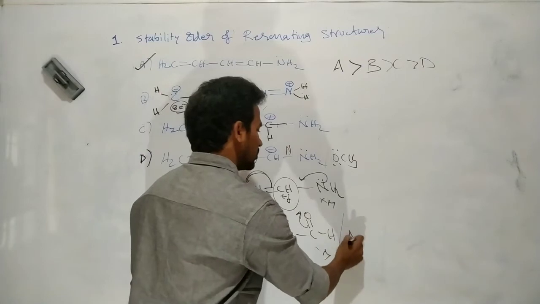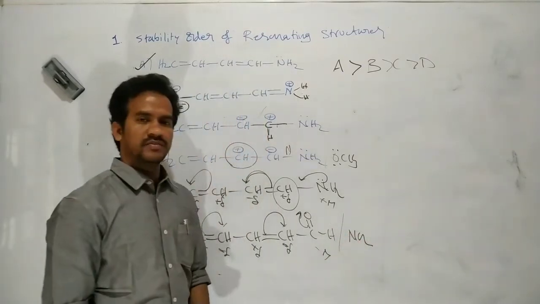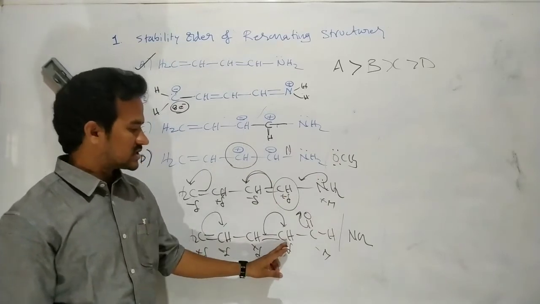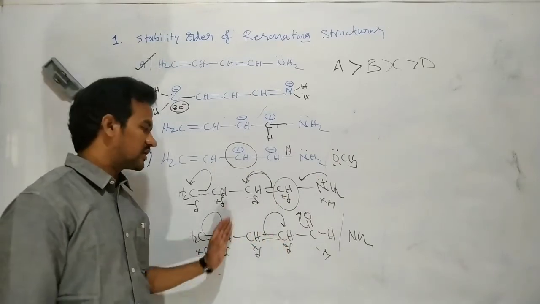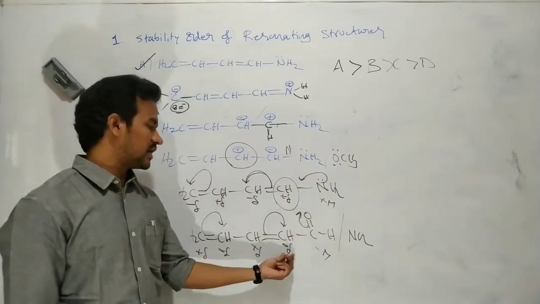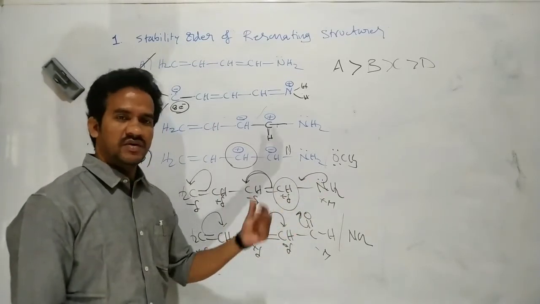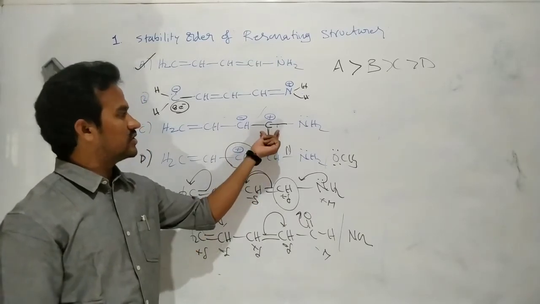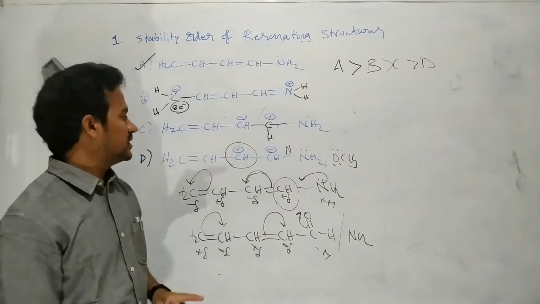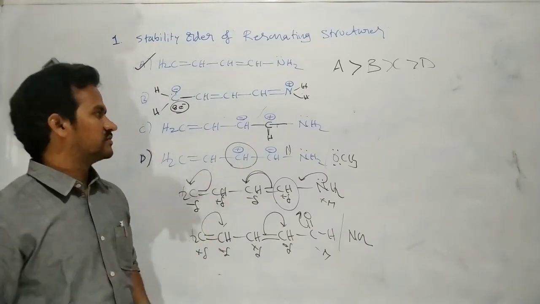If it is NO2, it is also a withdrawing group. Based on the nature of the withdrawing group, this carbon must carry the negative charge because of the flow of electrons towards that electron withdrawing group. Carrying the negative charge on this carbon is feasible, and carrying the positive charge on this carbon is feasible, that means acceptable. Okay, it is the least stable resonance structure. That's it.